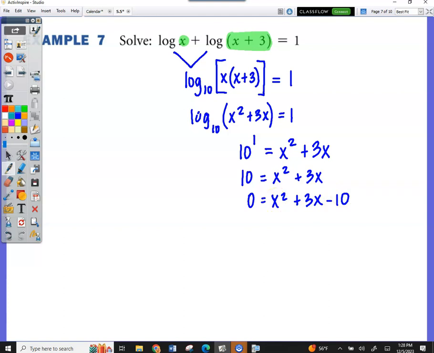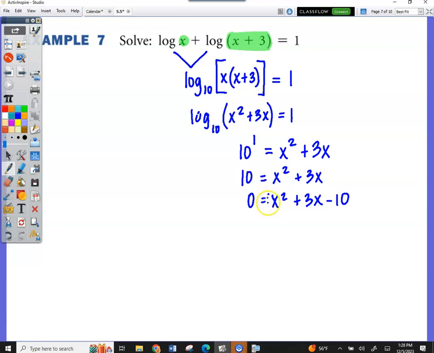And now I want you to check and see if it will factor. Yeah, it should. Factors of negative 10, so there's a 1 here.